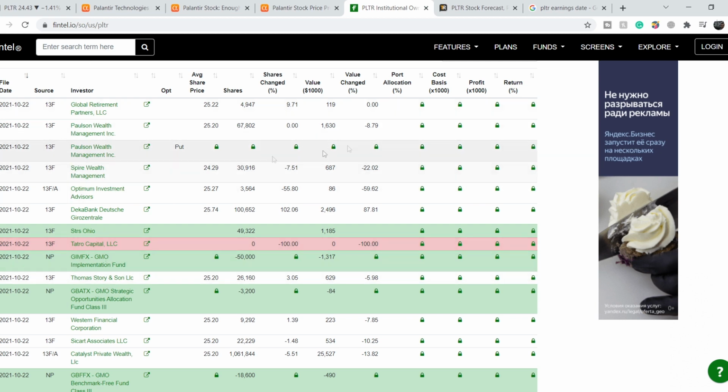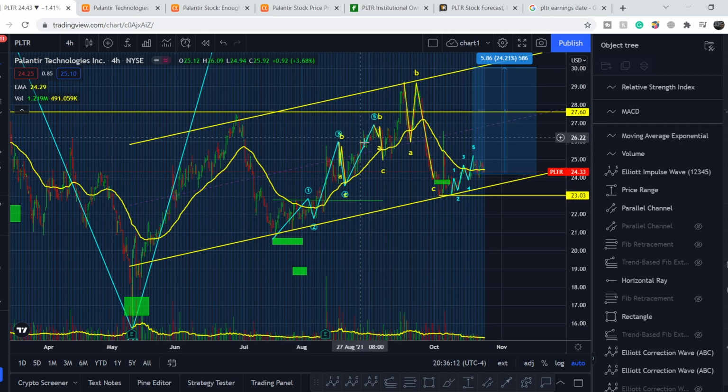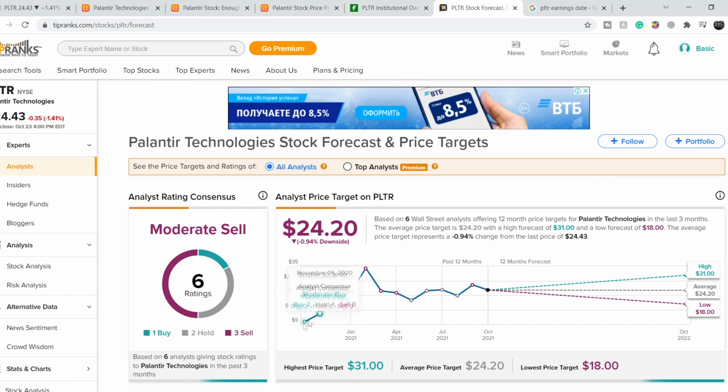That's why the latest filings show us only the activity up to this point. Right here we were at the top of our fifth wave, and that is why a lot of institutional owners got rid of their position, and that is why we have this sideways movement.